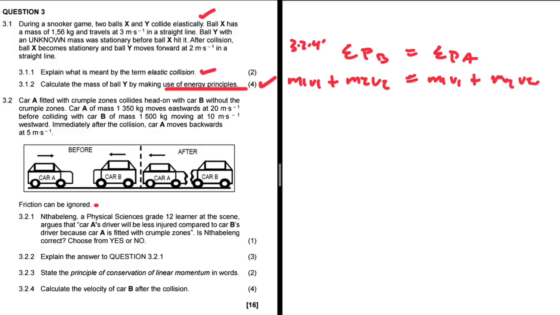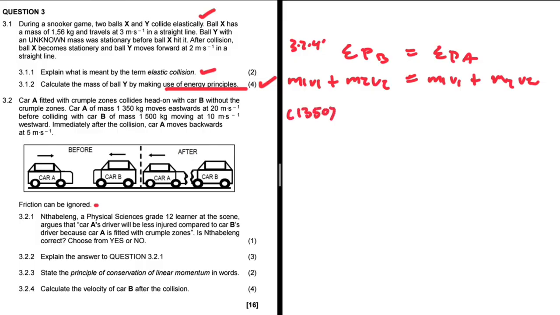You know, the subscripts are not really important in this case, as long as we substitute the correct things. Obviously we'll take direction to the right as positive, right? Well, the question is talking about eastwards and westward, so let me say we're going to take the direction to the east as positive.